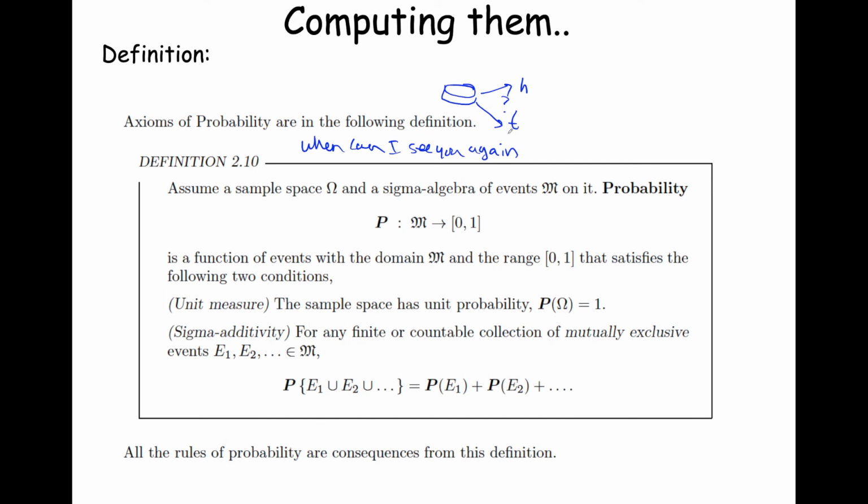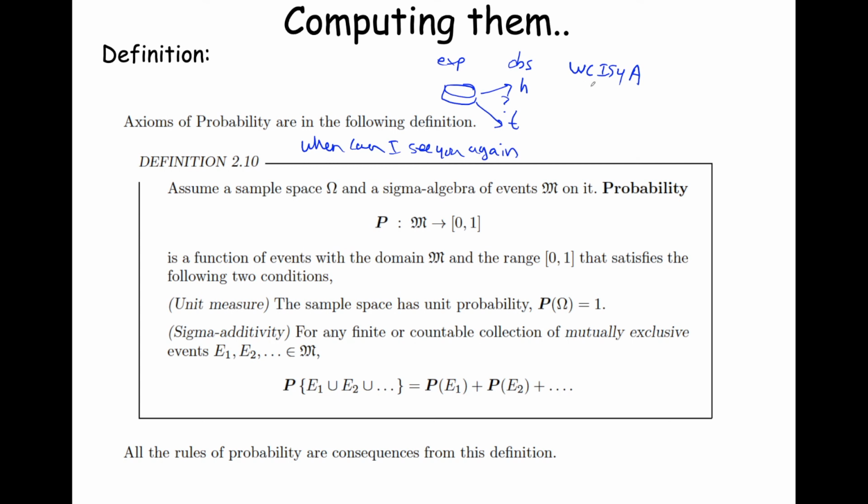And so if you're going to describe the behavior, you have the experiment, you flip the coin, you have the observation, what you see, and you have the "when can I see you again." So we have when can I see you again.